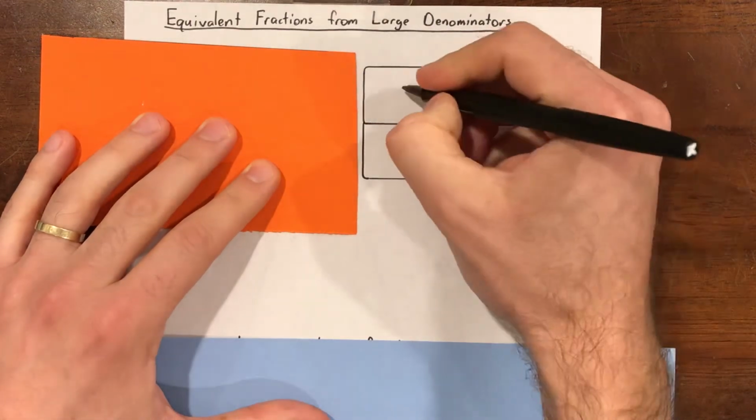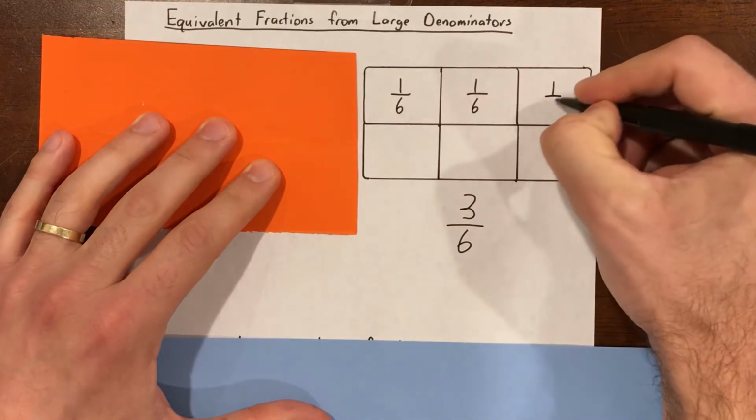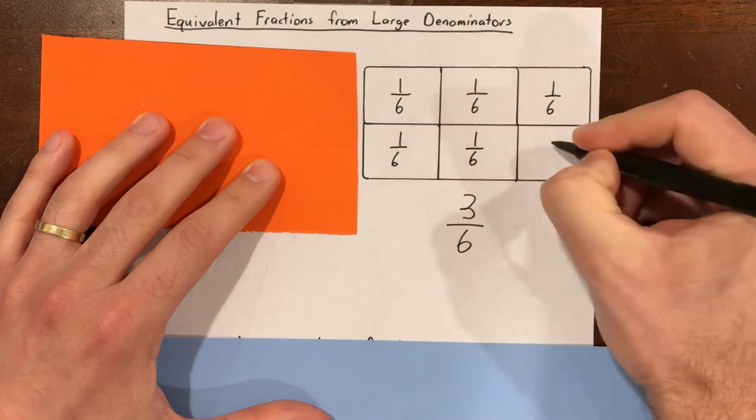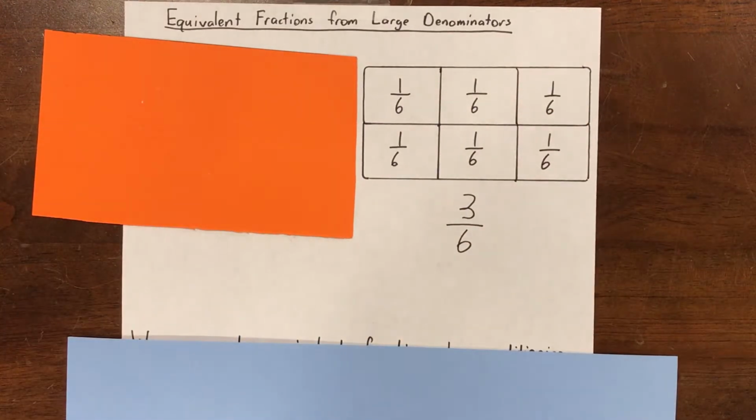So we're working with 1/6. If each sibling or twin gets half the pan, they would each get 3/6 because 3 is half of 6.